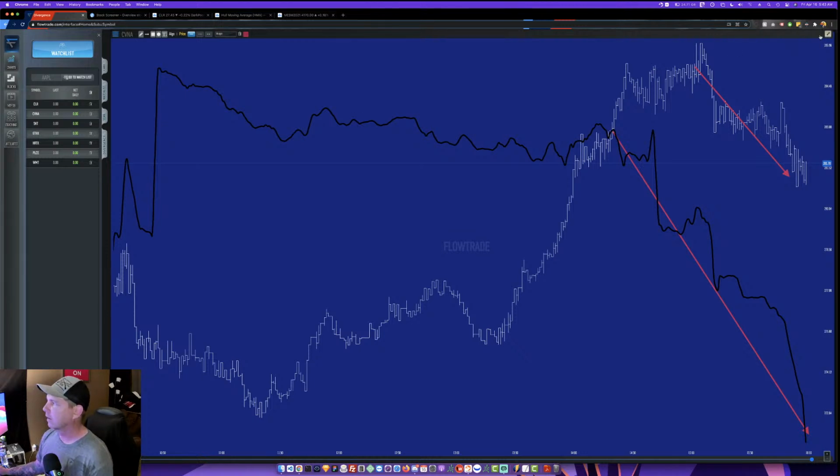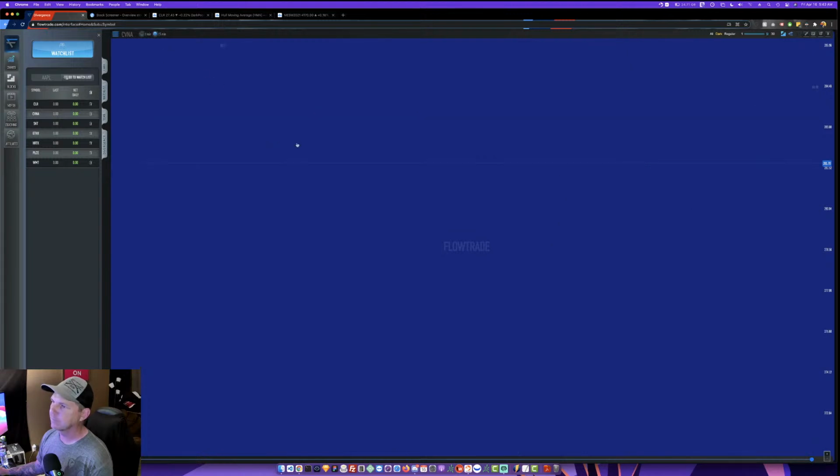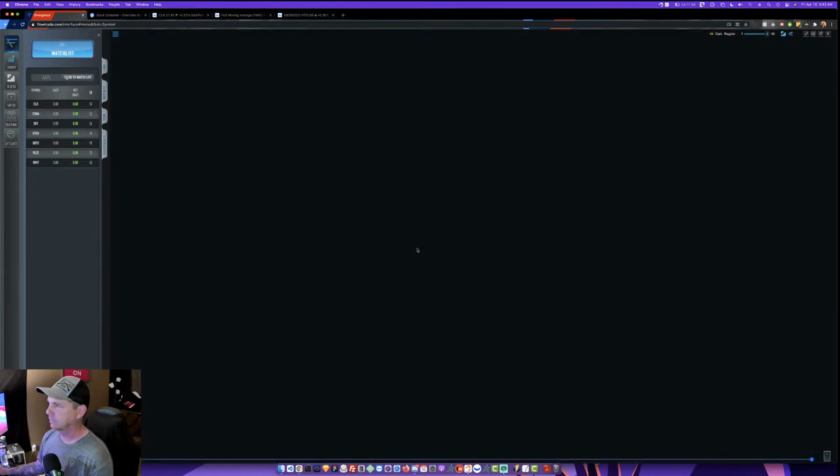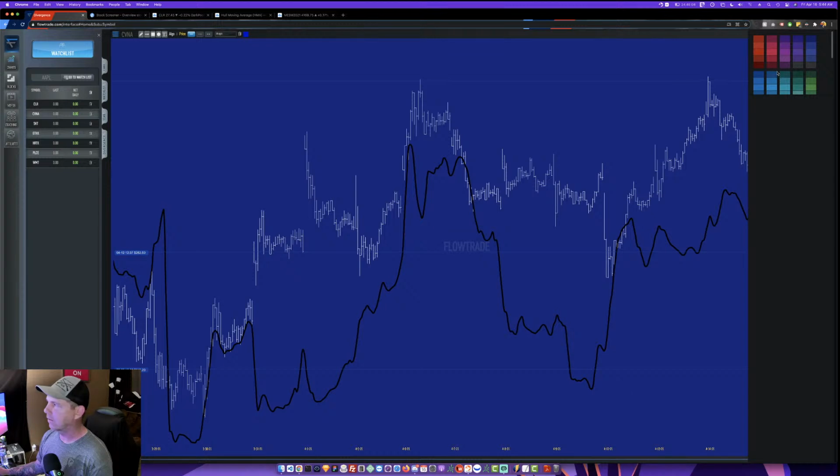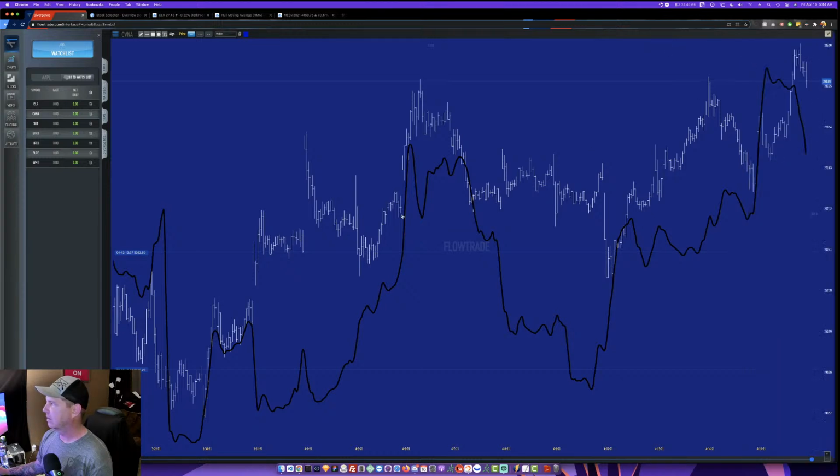Looking at Carvana on the 15-minute, we do have that bearish divergence after price action's been trading with the dark pool algo line. We do have some block trades.